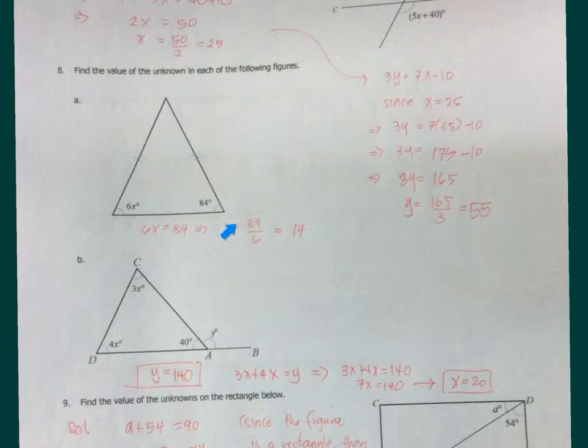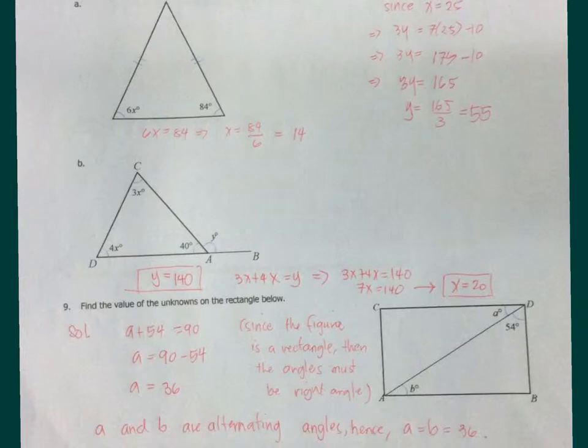So you need to know the relationship of the sides and the angles of an isosceles triangle to solve this problem. Okay, let's go to B. In B, this is a special relationship of angles, the one inside the triangle and the one outside the triangle. This angle is what we call the exterior angle. We established in class the relationship of this exterior angle to these two angles inside the triangle.